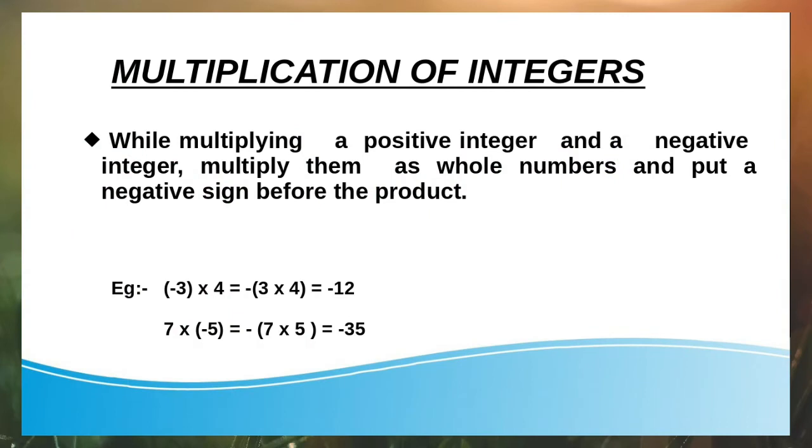Multiplication of integers. While multiplying a positive integer and a negative integer, multiply them as whole numbers and put a negative sign before the product. For example, minus 3 into 4 is equal to minus of 3 into 4, that is equal to minus 12.